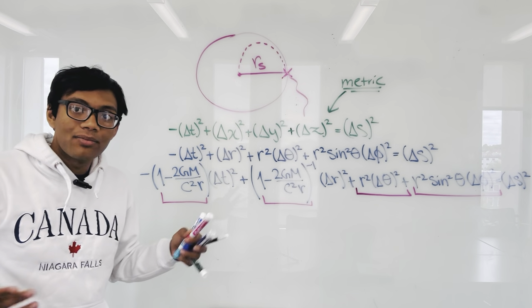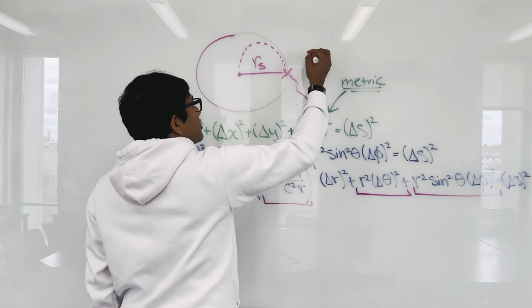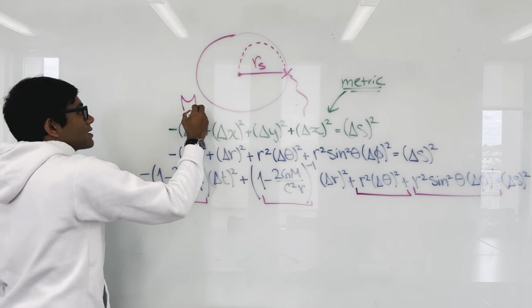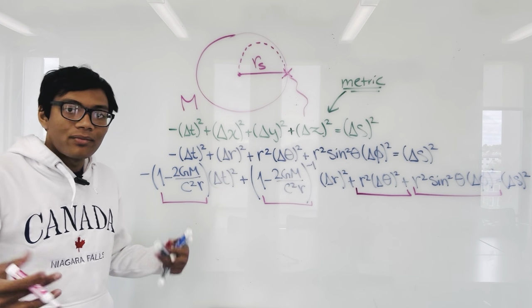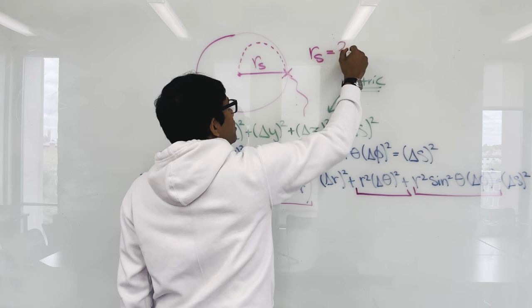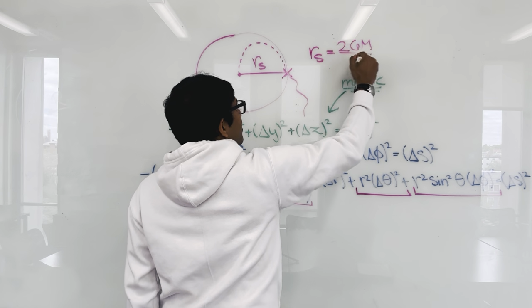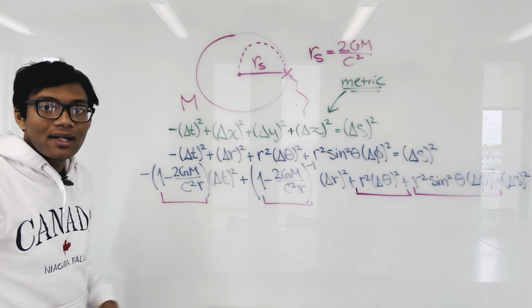That tells you how big the black hole is. And we can calculate what the Schwarzschild radius is based on the mass of the black hole. Bigger black holes, heavier black holes are simply more massive. So the Schwarzschild radius will turn out to be 2GM over c squared. That's where this term is coming from.